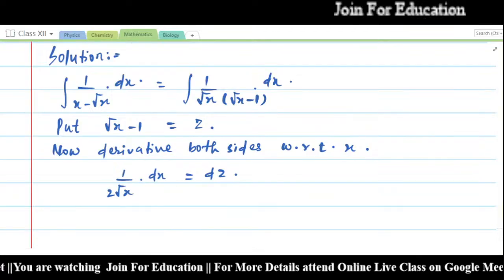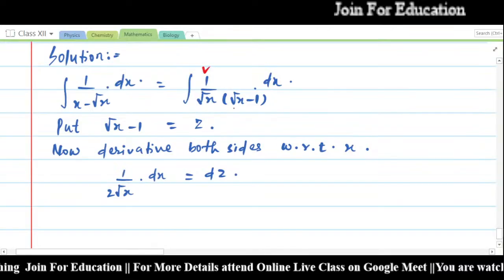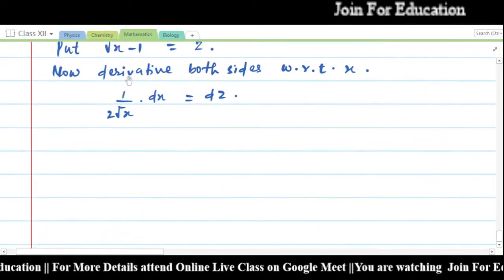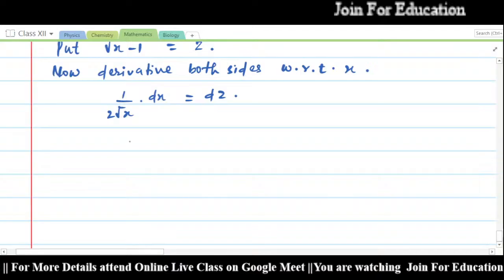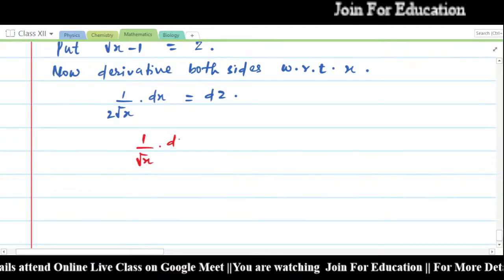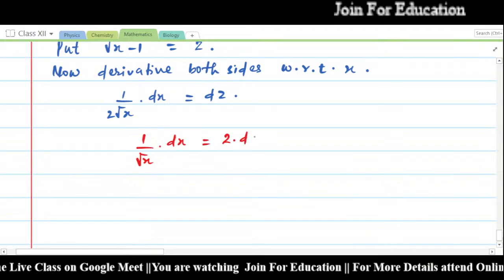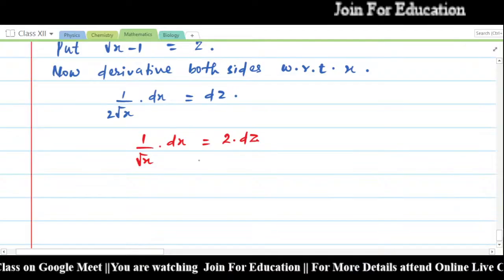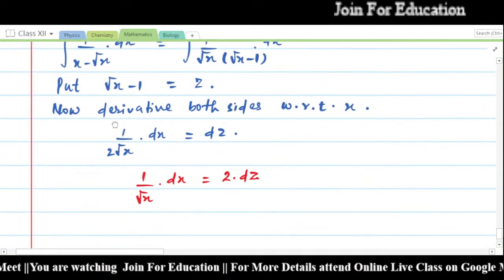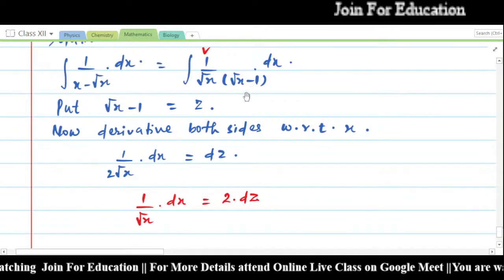So we get the value of 1 by root x into dx: it will be 2 into dz. So the form of the question will be 2 dz by z.